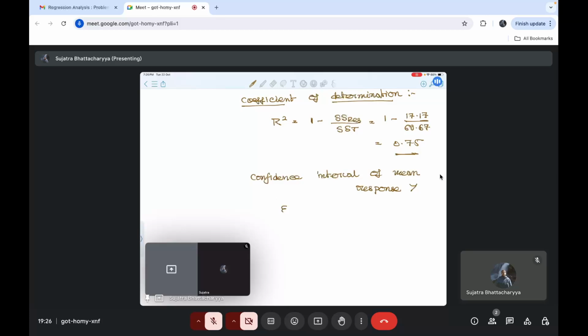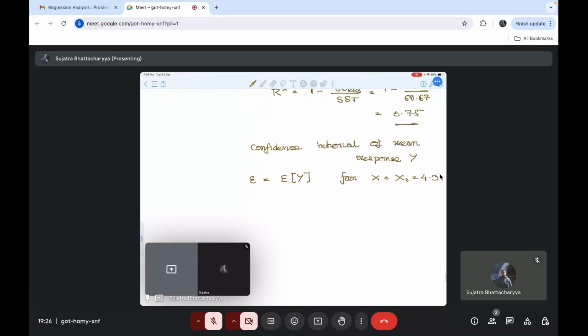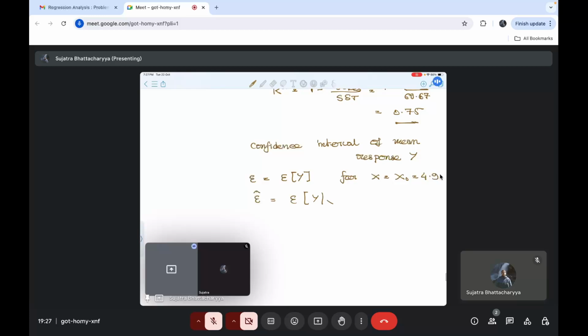So given E of y for x equal to x naught, which is equal to 4.9, and y hat is the estimated response at x equal to x naught. So this becomes minus 21.34 plus 4.9, this is x naught, into 5. This gives you 3.16.